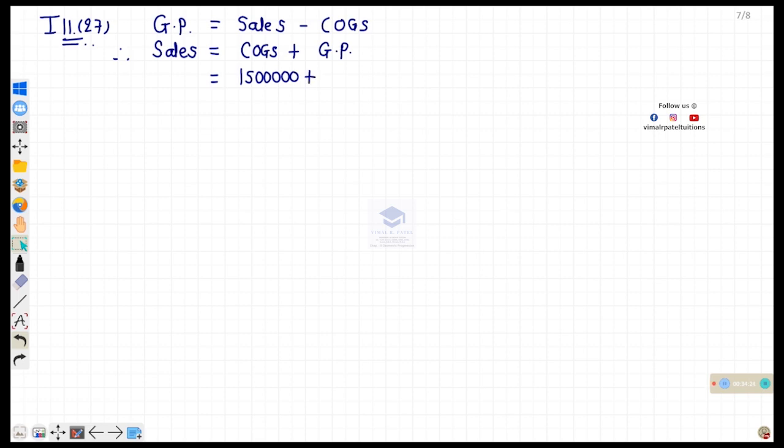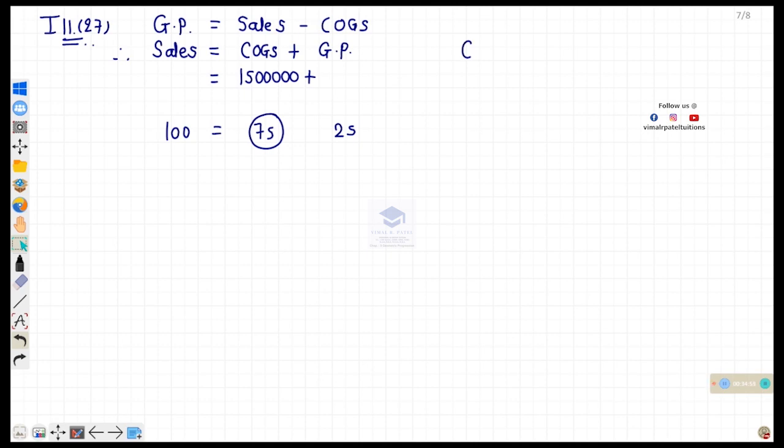Now you have been given gross profit rate 25%. Now gross profit will be a percentage of sales. So if sales is 100, gross profit will be 25. Then COGS will be 75. Okay, can I write like this?